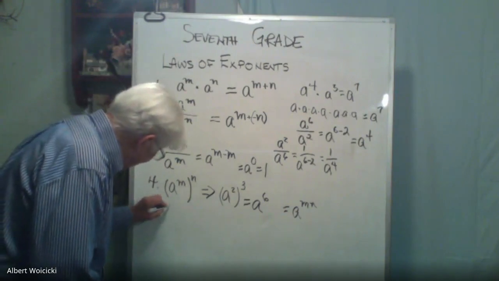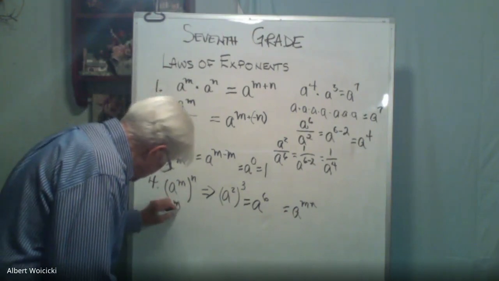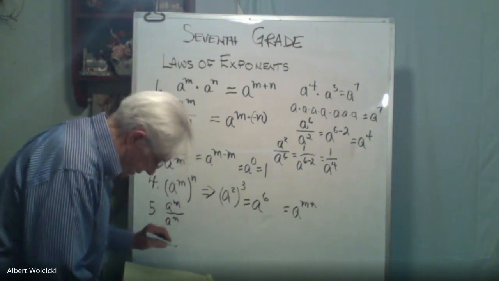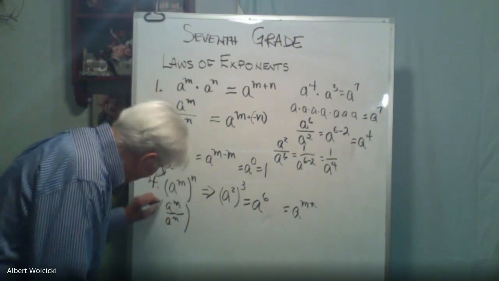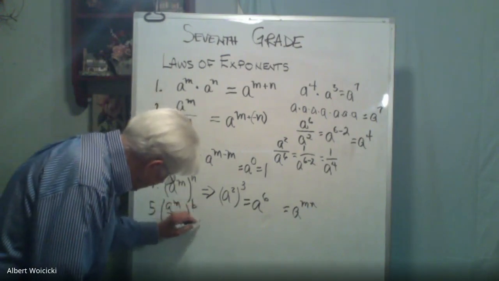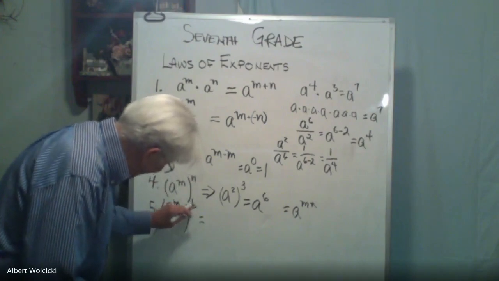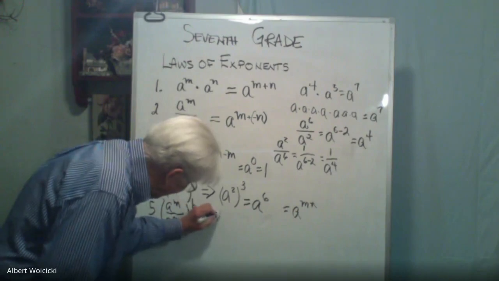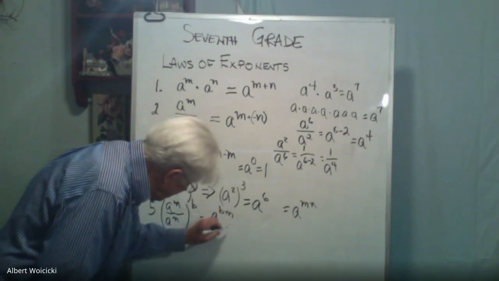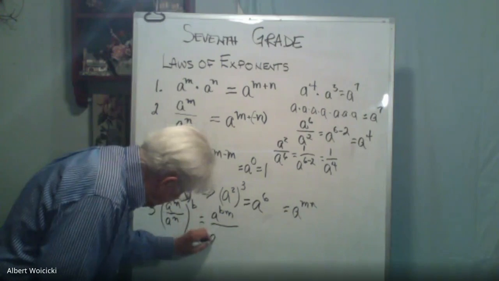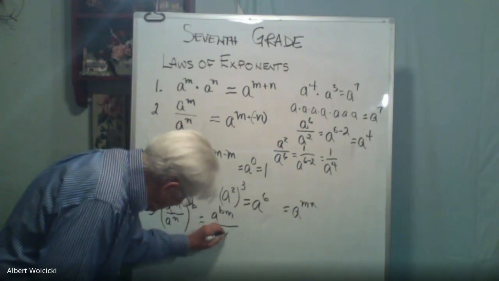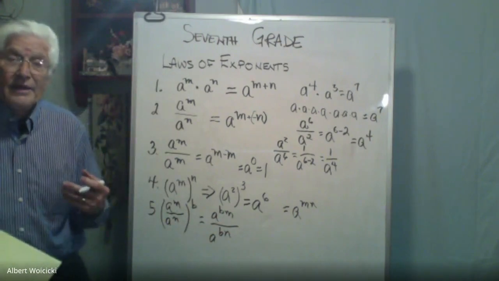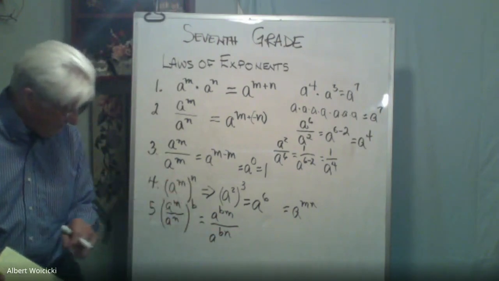If I've got a to the m divided by a to the n, and I raise that to the b power, I have to multiply that b times m and that b times n. So I'm going to get a to the bm divided by a to the bn. So I just multiply in just like I did up here.